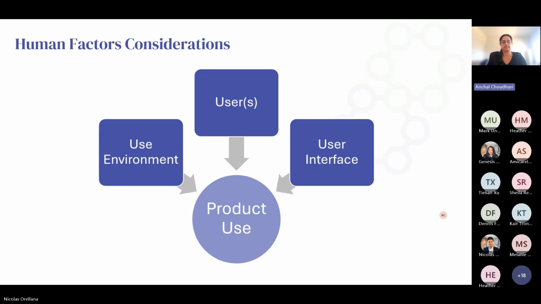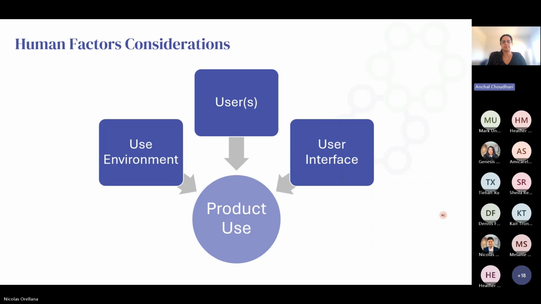So FDA really likes to make sure that you're looking at each user group and how each user group uses a product. Finally, the user interface is mainly what you see and touch and feel. So it includes things like buttons on the device, display screens, alarms, as well as the packaging and labeling.